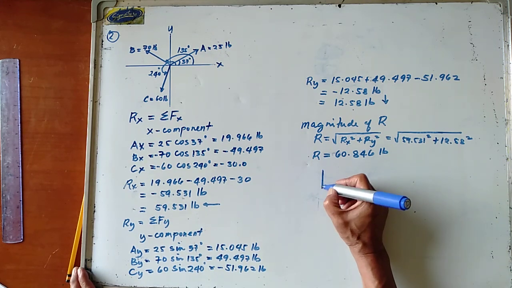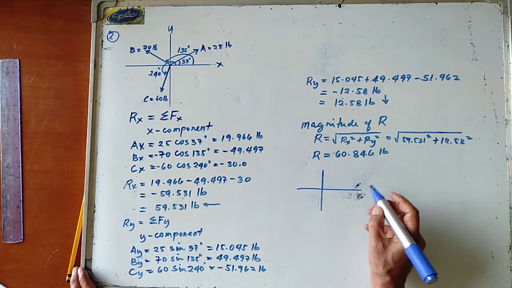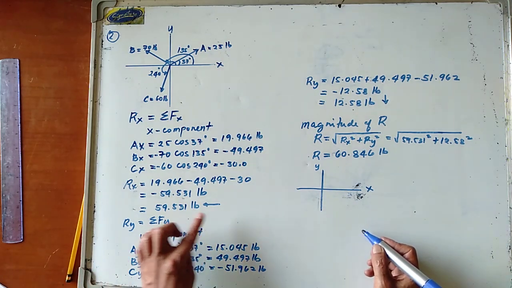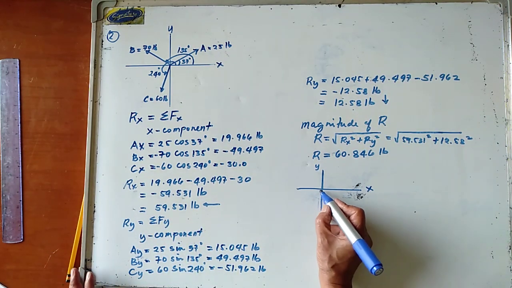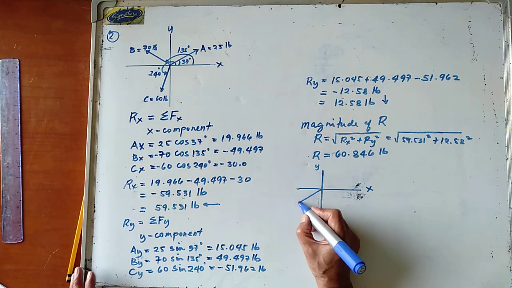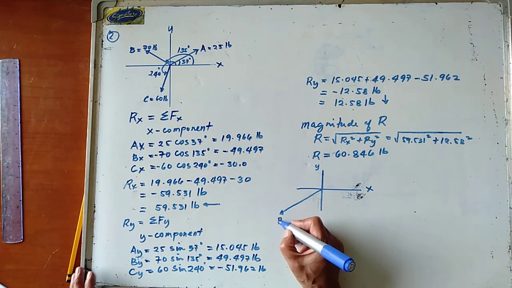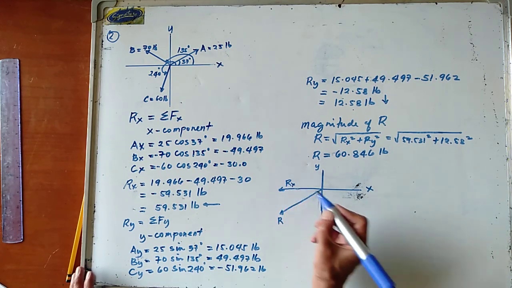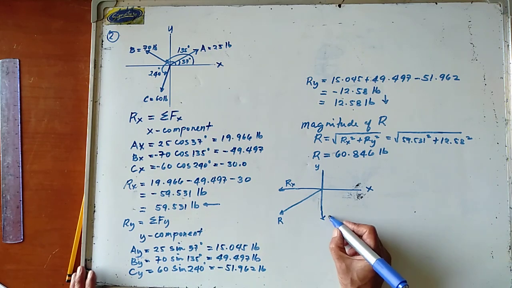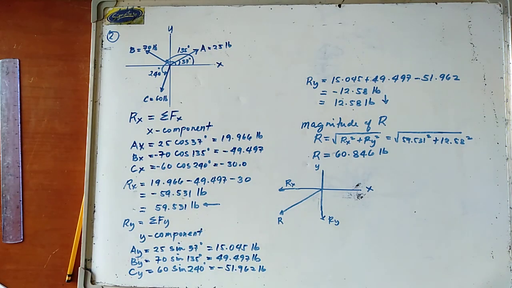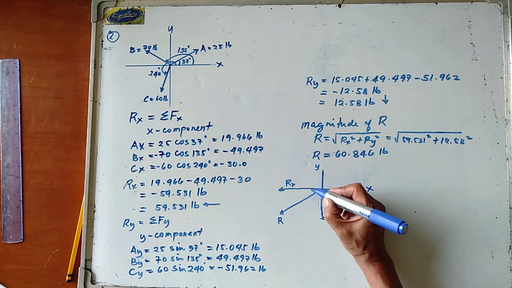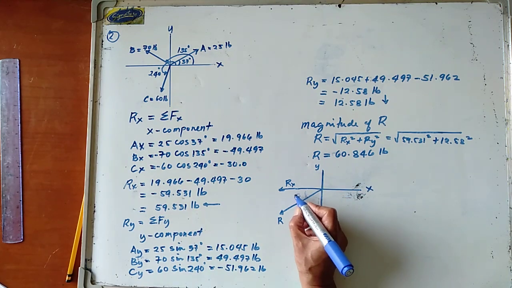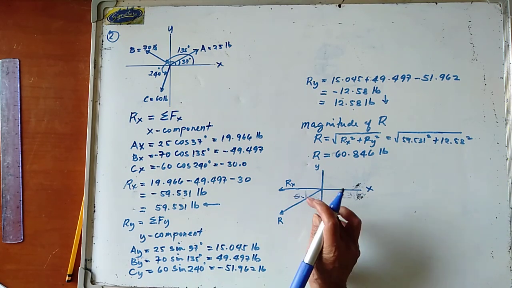Okay, so let's get now the angle it makes. If this is your x-axis and that is your y-axis, going to the left and going downward, this is therefore the resultant R. This is Rx, and this one is Ry. Let's get the angle it makes with the negative x-axis, and that is your theta.